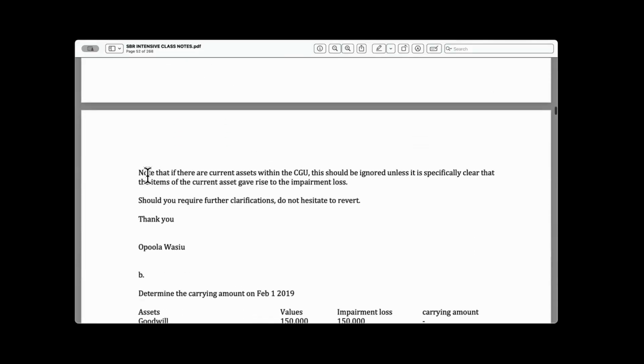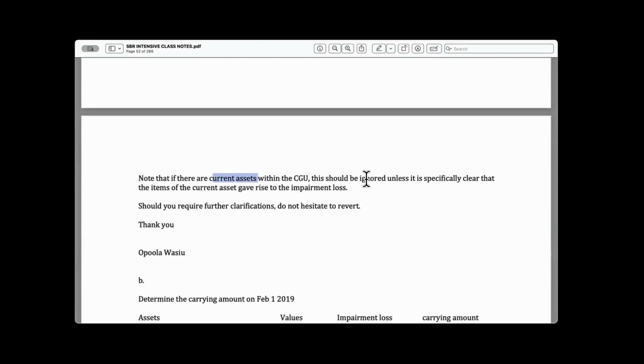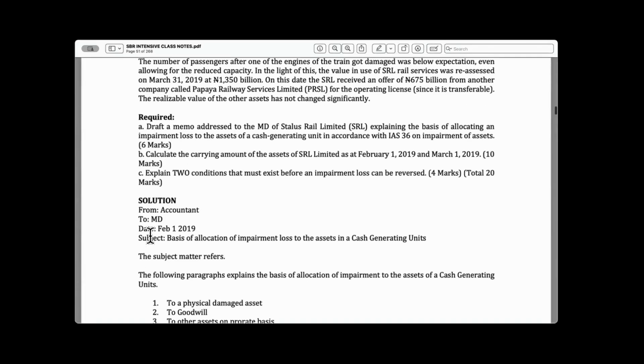But I made a note here that if there are current assets within the CGU, these should be ignored unless it is specifically stated that the item gave rise to the impairment loss. You should always ignore it. If they require further clarification, they should revert to us. Then that was it for that.